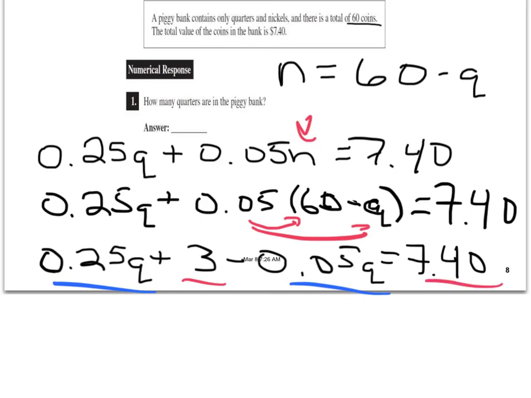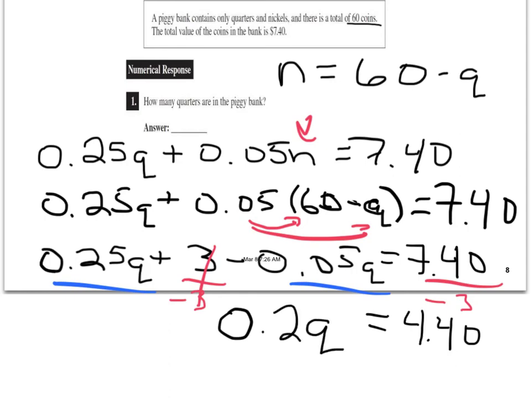So we're going to subtract 3 from both sides, so that we have a constant term on the right of $4.40, and then on the left, 0.25 minus 0.05 will be 0.2 q. Don't forget the variable.